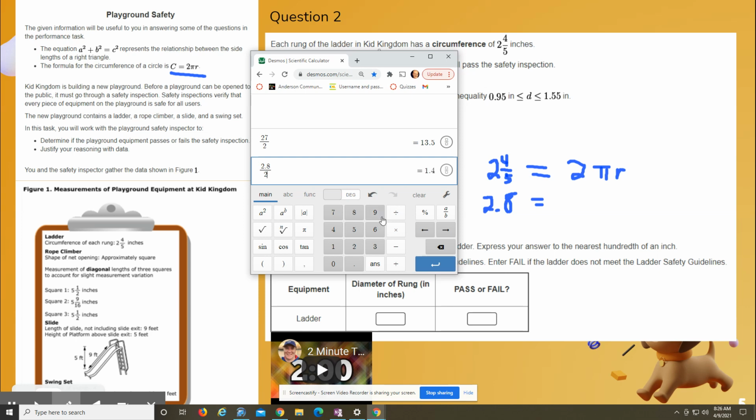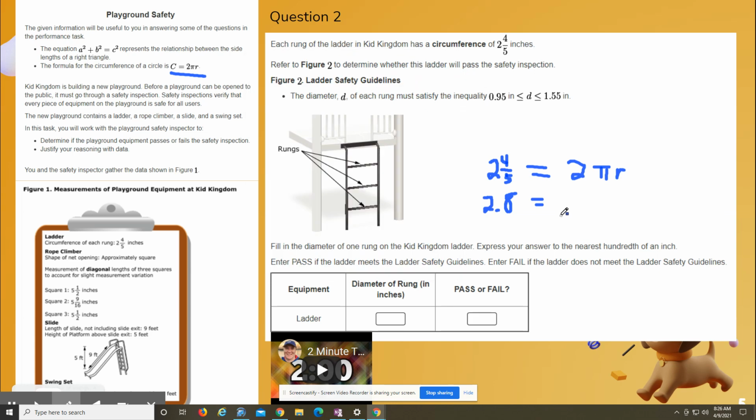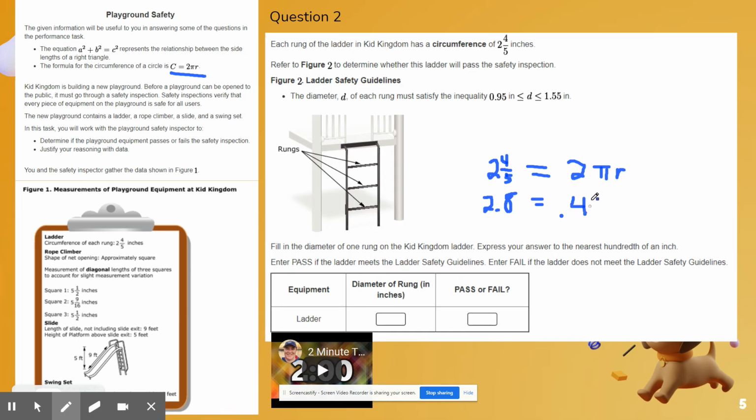2.8 divided by 2 gives me 1.4. So we take 1.4 and divide it by pi. It gives me 0.445. So we're going to write that down, 0.445. And so that's the radius.